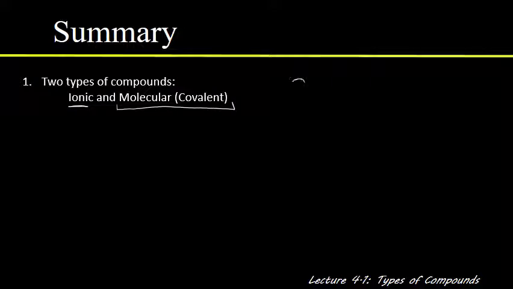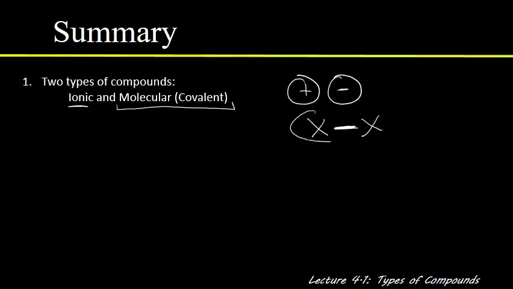An ionic compound is one that's formed from a combination of a cation and an anion, whereas a molecular compound is something formed by two or more atoms joined together by a covalent bond in the middle. And these are going to have a very strong intramolecular force, but fairly weak intermolecular forces. And the opposite is going to be true here for the ionic compound.